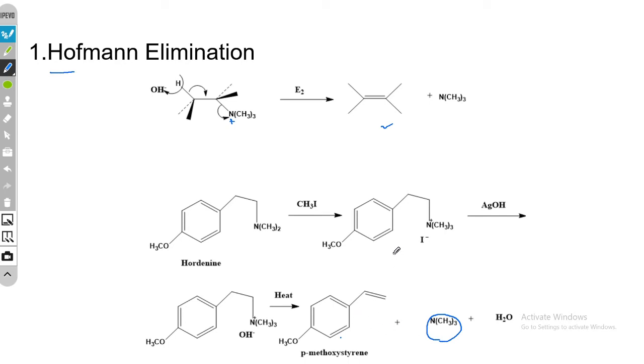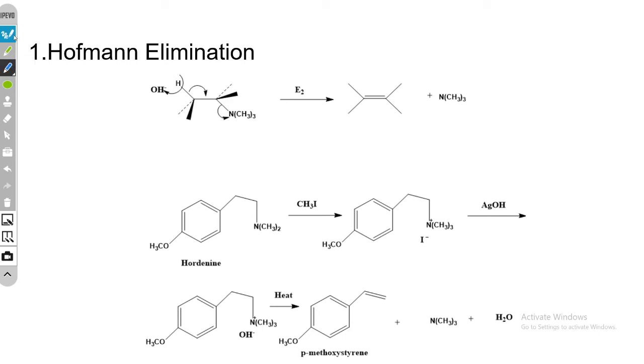So the nitrogen in this alkaloid system is removed as trimethylamine. By analyzing the structure of the remaining alkene, we have an idea about the skeleton of the real molecule. This is the Hofmann elimination or Hofmann exhaustive methylation.